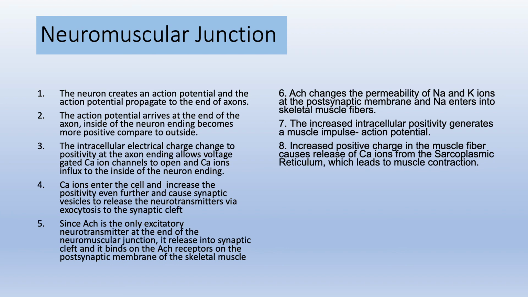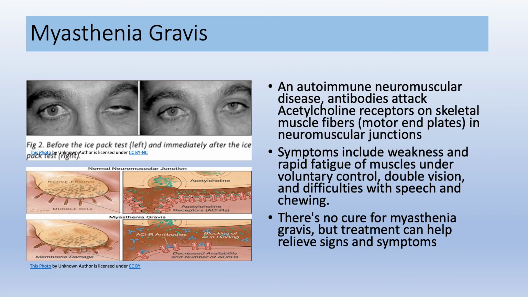Now I want to talk about one more thing, the last thing: clinical application. As a clinical application, I would like to mention myasthenia gravis. It's an autoimmune neuromuscular disease in which patients produce antibodies that attack their own acetylcholine receptors on skeletal muscle fibers. Symptoms are weakness and rapid fatigue of muscles under voluntary control.